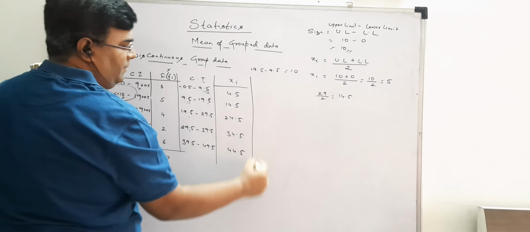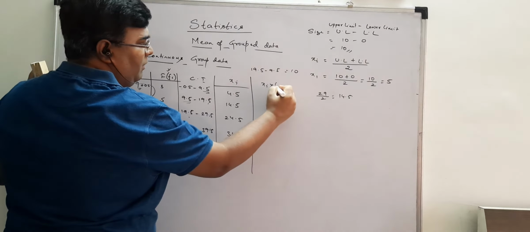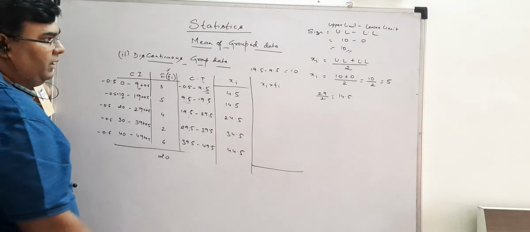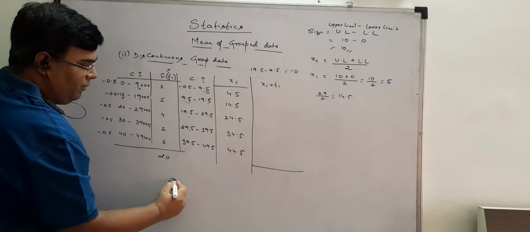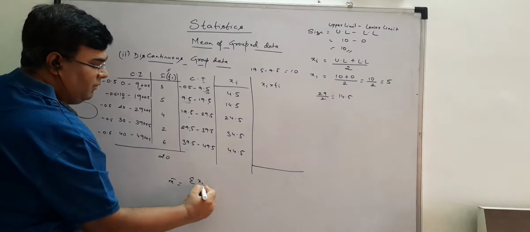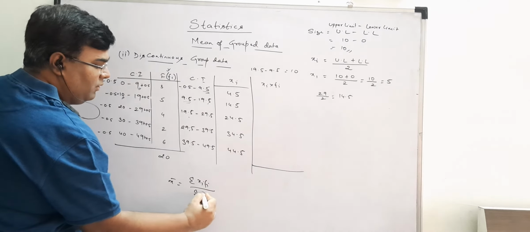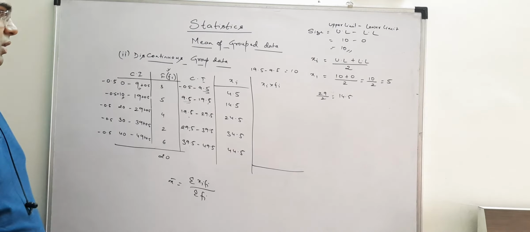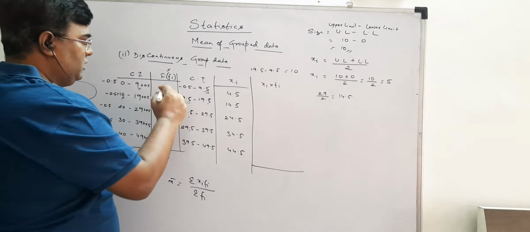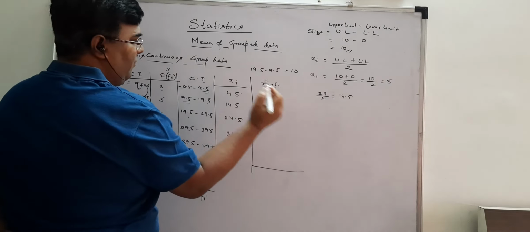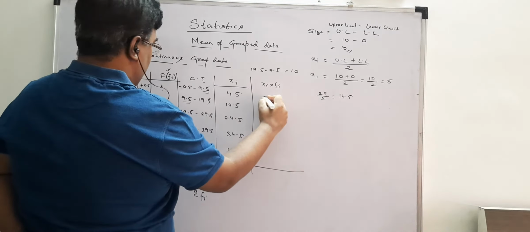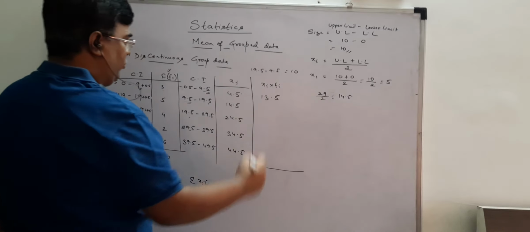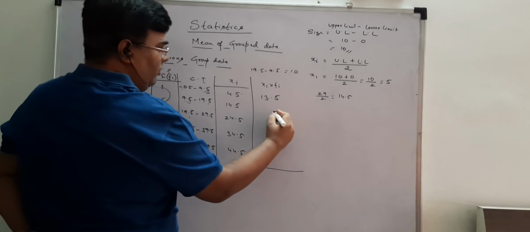Next step, xi multiplied by fi, finding the sum, and then applying the formula of sigma xi fi upon sigma fi. Got it? Let us do this. 3 multiplied by 4.5 is 13.5. 5 multiplied by 14.5, and so on.